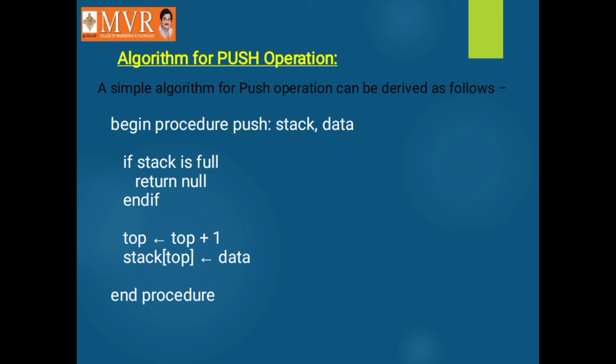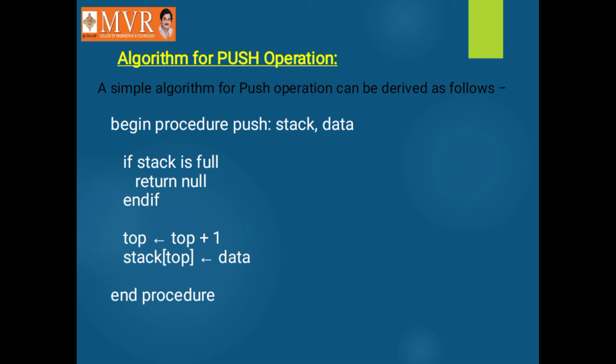If I want to push an item into a stack, first what should I do? First check if the stack is full. If the stack is full, return null. That is an error message, or a message showing that the stack is full, and then come back.